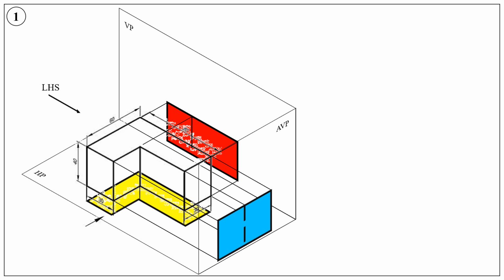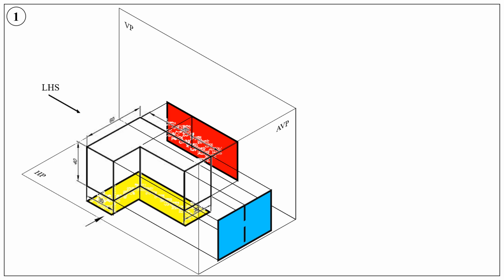Where this auxiliary vertical plane will come, or where to draw the left hand side view, for that we are going to rotate the auxiliary vertical plane through 90 degrees in anti-clockwise direction when it is viewed from top.